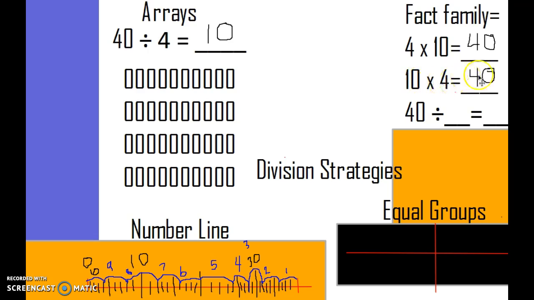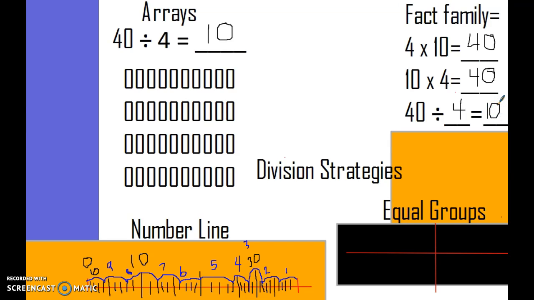Once we've built up those groups, now we want to divide them back up. So let's start with 40 divided by 4, and these are all in one family. 40 divided by 4 would be 10.